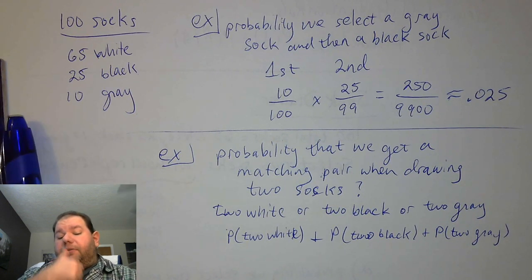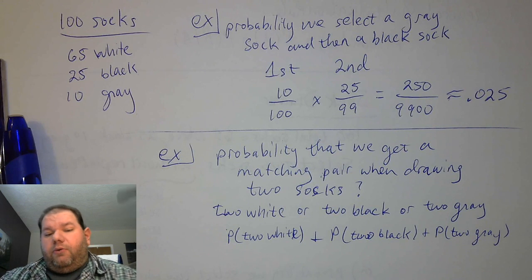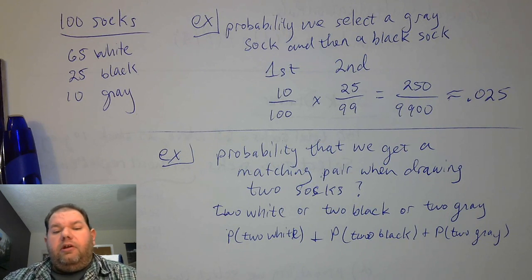The reason that we add them is we want any one of the three scenarios to be true. Okay, we don't care which of the three scenarios is true, we just want one of them to be true. And so we add their probabilities and we see what we can get.